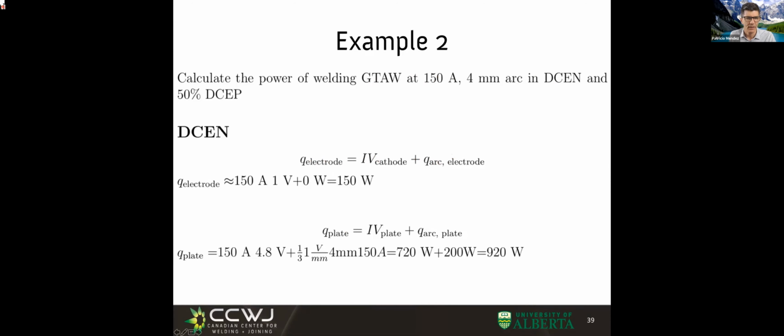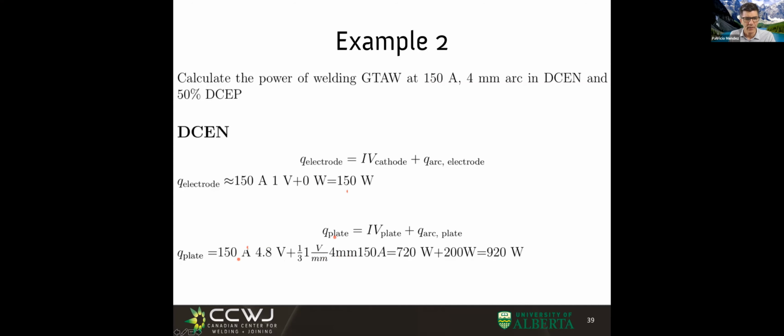So here we have 150 amps, that is the current we have, times 1 volt in the cathode, because we know it's a thermionic cathode, plus no contribution from the arc, and that gives us 150 watts at the electrode. If we do similarly for the plate, now the full voltage is 4.8 volts, that is in a table, right?